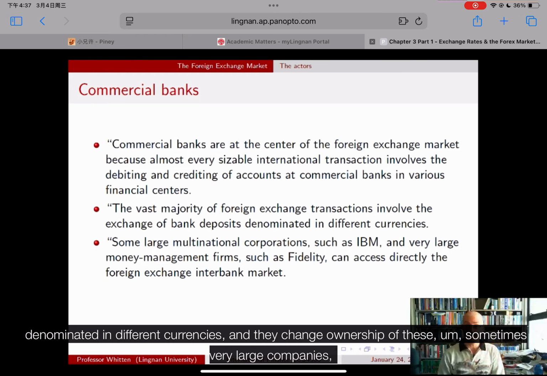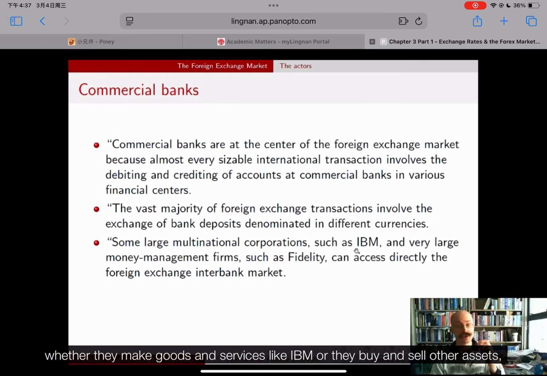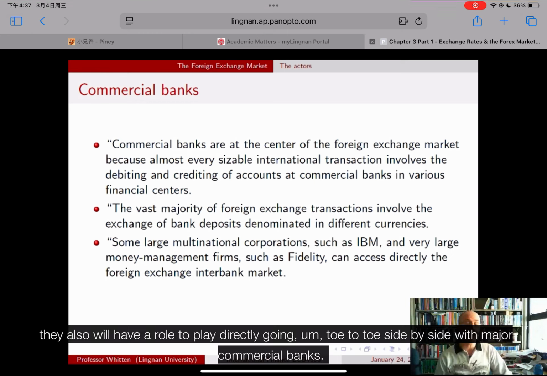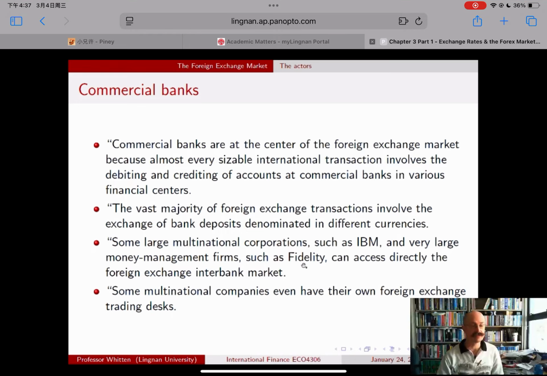Sometimes very large companies, whether they make goods and services like IBM, or they buy and sell other assets, also will have a role to play directly, going toe-to-toe, side by side with major commercial banks.